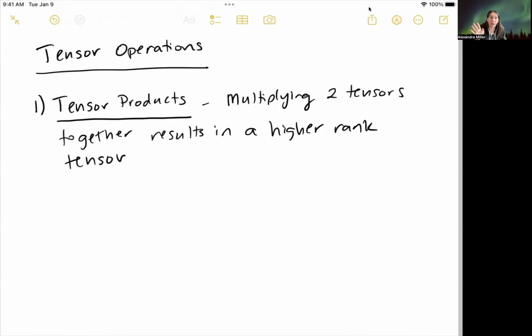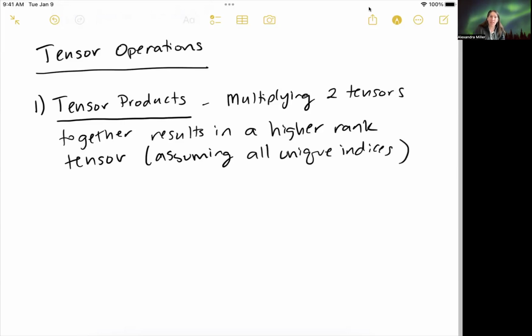And here I'm assuming all of our indices are unique. In a minute, I'll talk about contractions, which is when we have repeated indices. So here I'm assuming we have unique indices.